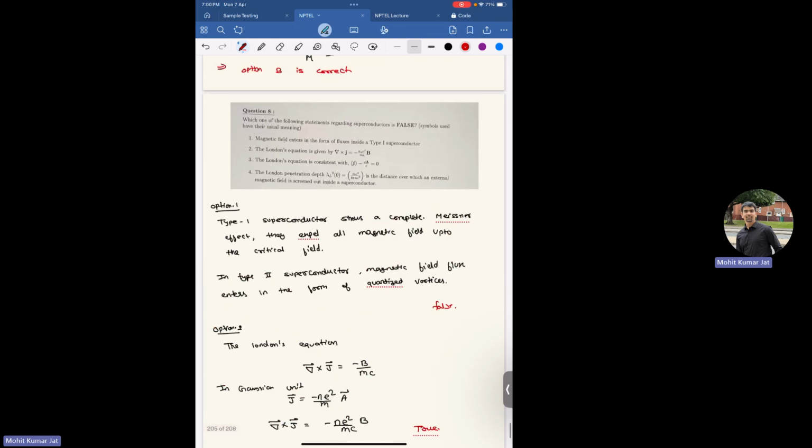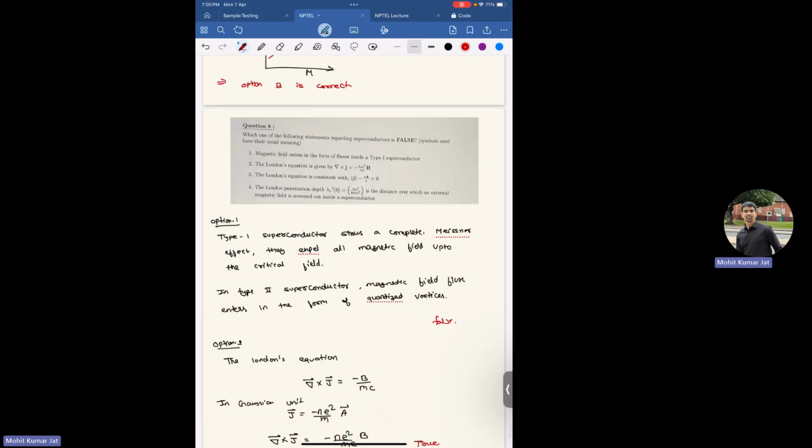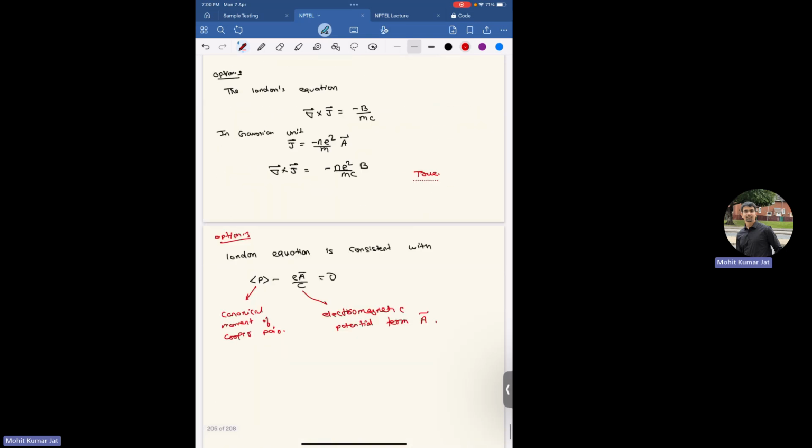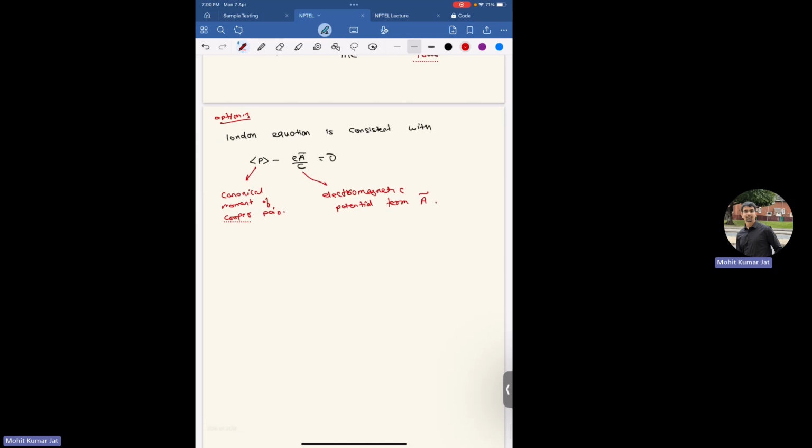And the last option, this we have seen in the class also. The London penetration depth is the distance over which an external magnetic field is screened out inside the superconductor. That's what the definition is. So option 4 is also true.